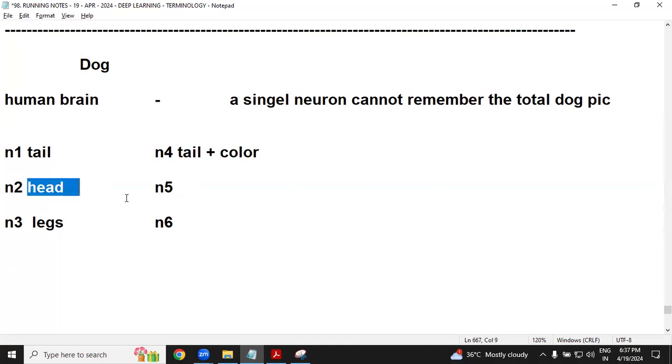Neuron number 5 gets head plus either small or big. Next, legs plus either small or big. Conclusion of the story: every neuron can carry information to the next neuron. Simple. Did you understand? Good. Keep in mind these are all generally basic examples.